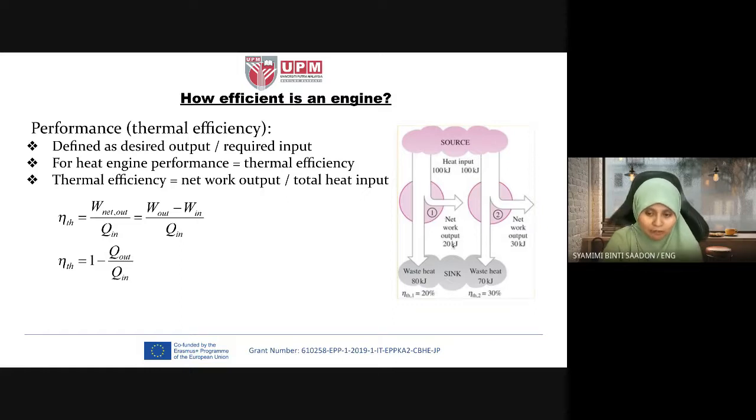And the rest, which is 80 kilojoules, is rejected to the ambient, to the heat sink. The second heat engine, again with the same amount of heat input from the heat source, produces 30 kilojoules as work output, and the rest, 70 kilojoules, will be rejected, with an efficiency of 30%.